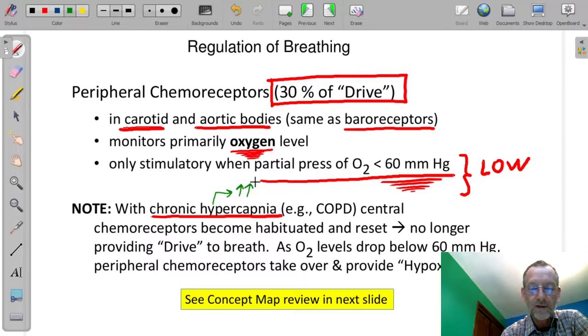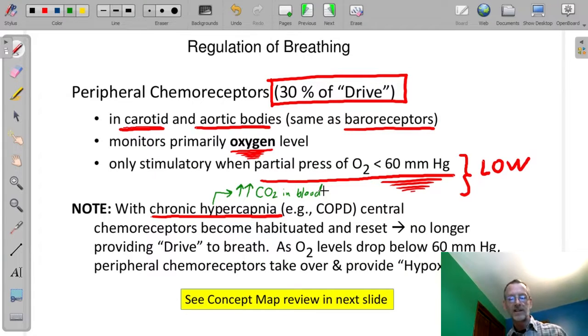So we do two up arrows for elevated CO2 in blood. They're retaining the CO2. They're not getting rid of it at the lungs. It's an obstructive pulmonary disease. They're unable to ventilate the lungs adequately.